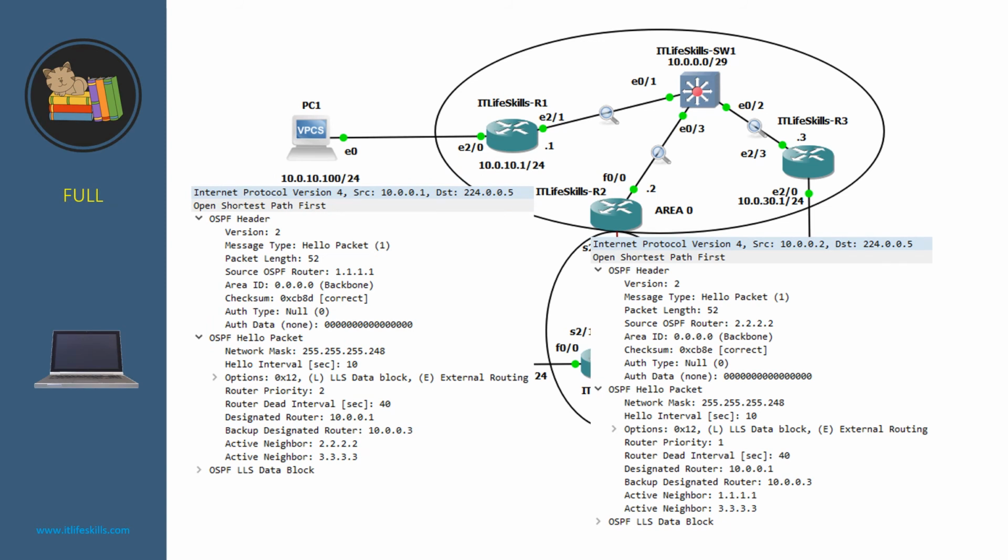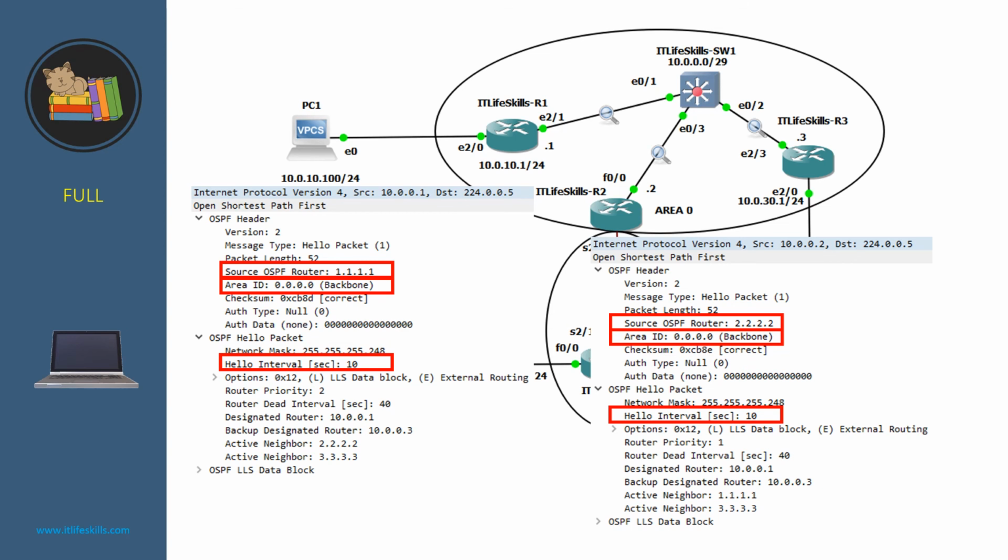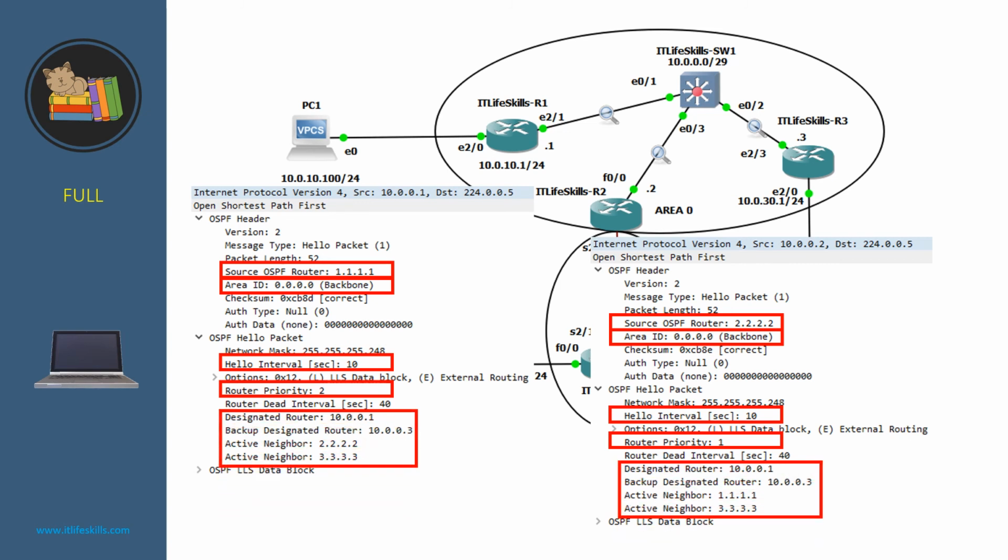After the link state databases are fully loaded among the neighbors, the routers continue to send the hello packets at each hello interval. In this case, the hello interval is 10 seconds, and the hello packet contains the router ID, the area is 0, and the priorities, and the DR is router 1, and the BDR is router 3, and the active neighbors.